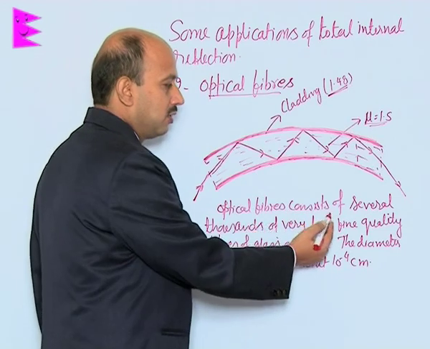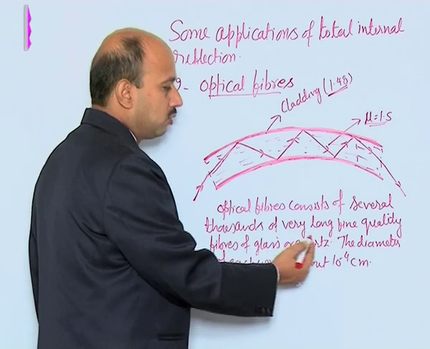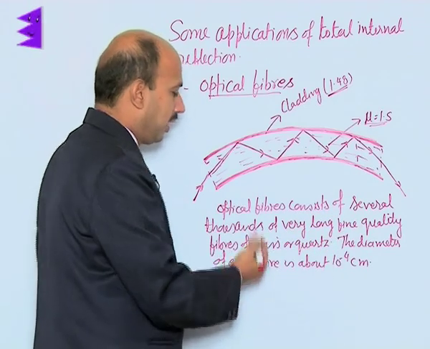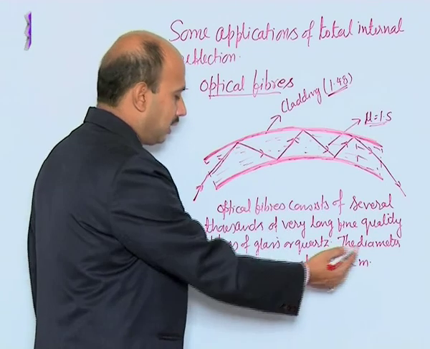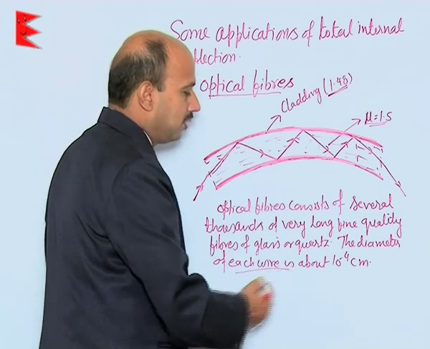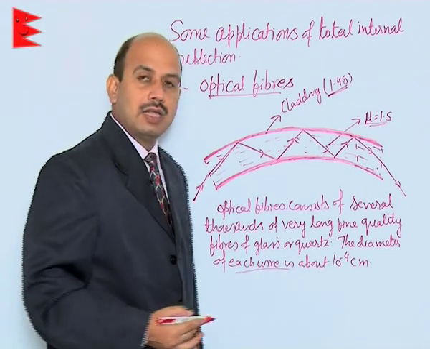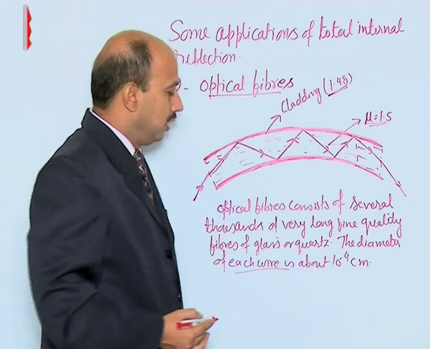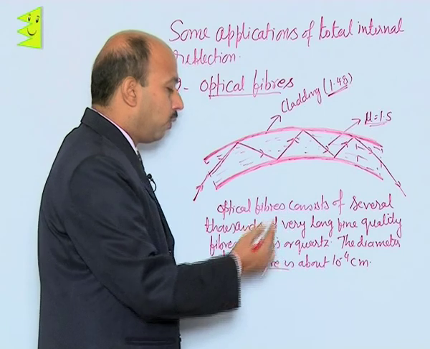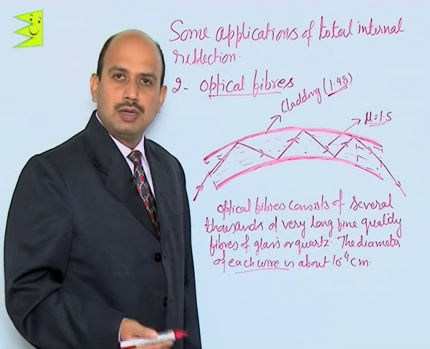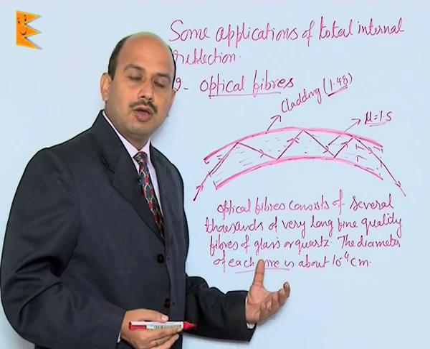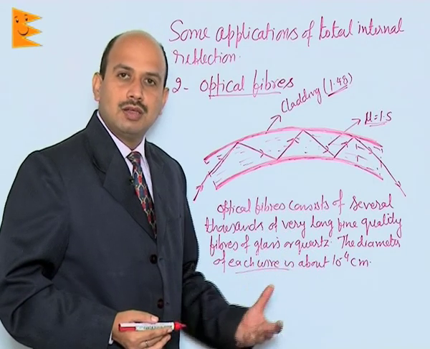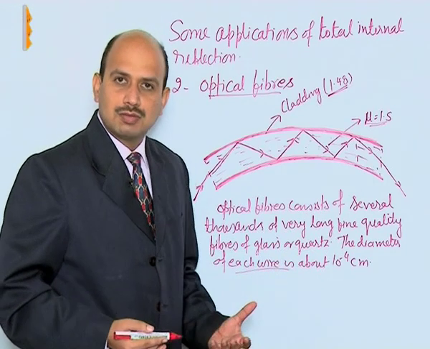Optical fibers consist of several thousands of very long, fine quality fibers of glass or quartz, and the diameter of each wire is about 10 raised to power minus 4 centimeter. These very fine wires are used in the form of bundles, and these optical fibers can be used for sending telephonic signals from one place to another place.